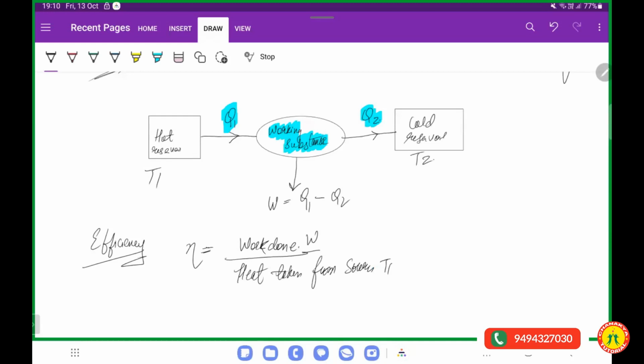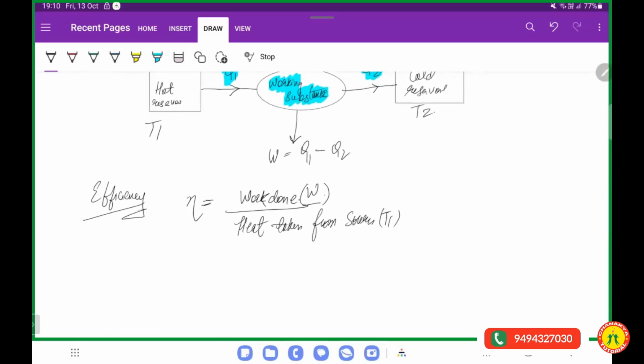So work done divided by heat taken from source: W over Q1, which is Q1 minus Q2 divided by Q1. So we can say 1 minus Q2 by Q1, or 1 minus T2 by T1, because here heat is from T1 and T2.